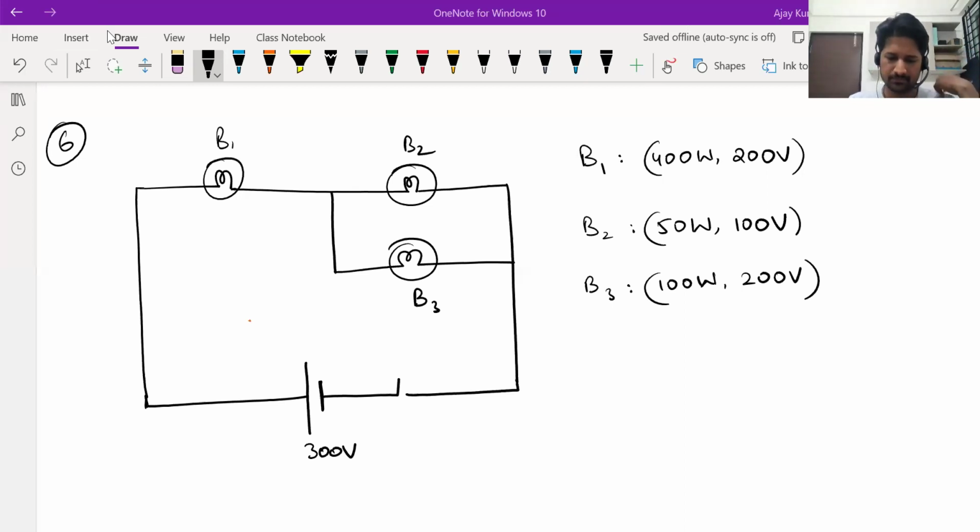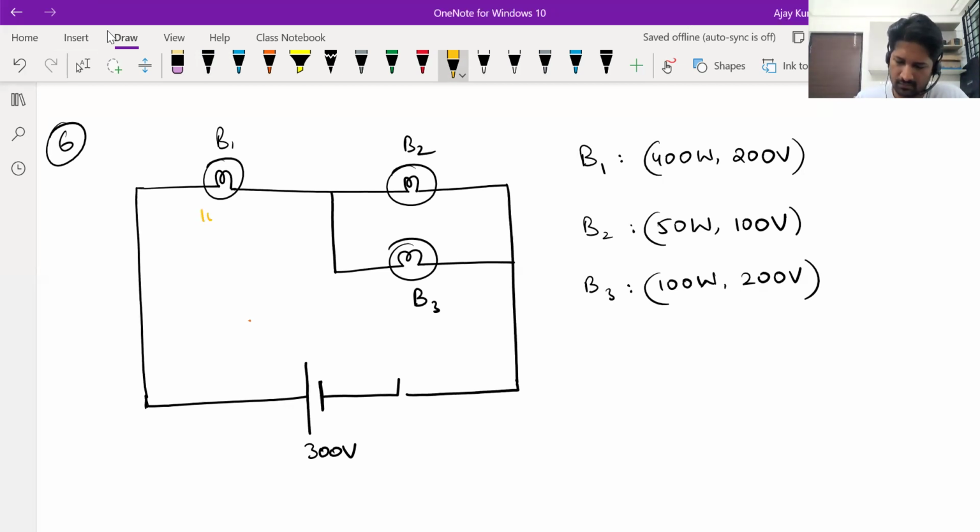Any answer? How much are the resistances this time? They're the same. Okay, let's see.